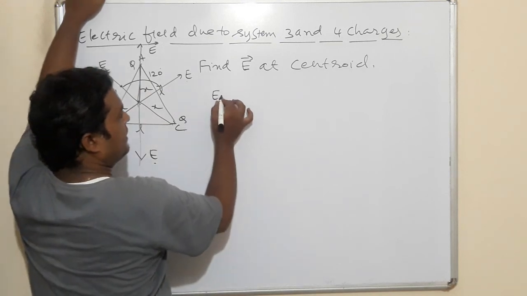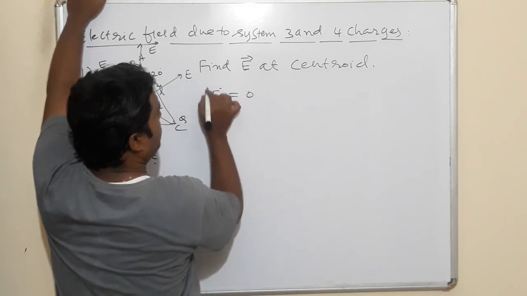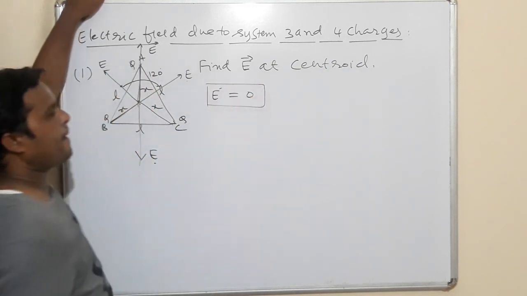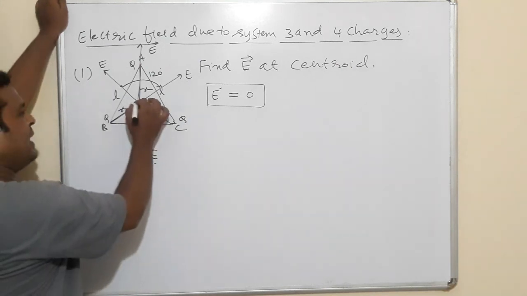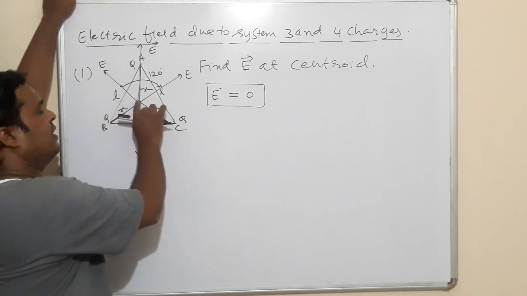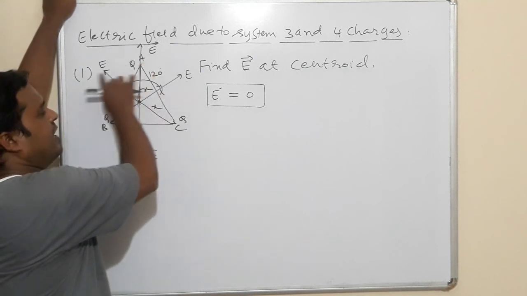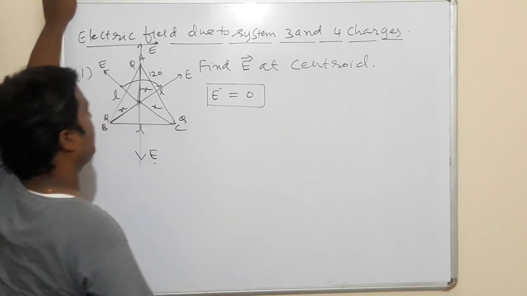Then E net, the electric field at the centroid, will be equal to 0. Followed? If you place a charge here, what is the net force experienced by this charge? It will be 0. That means the electric field at this point is 0.